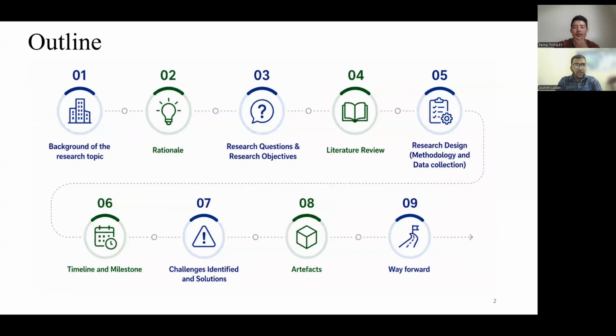Good evening. My name is Joshim. Now I will present our outline. Our first part is the background of the research topic, the second part is rationale, and the third part is our research question and research objective. We will also discuss our literature review.